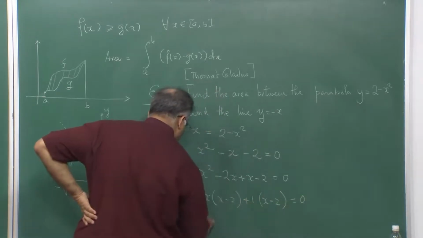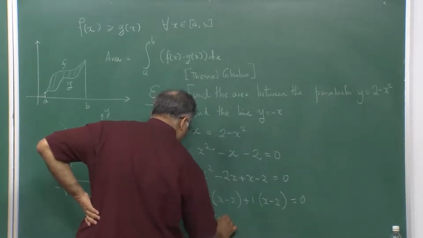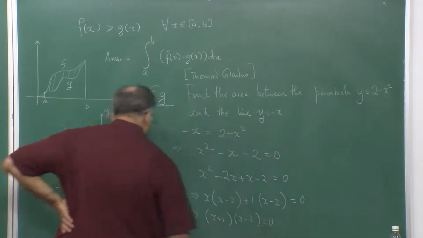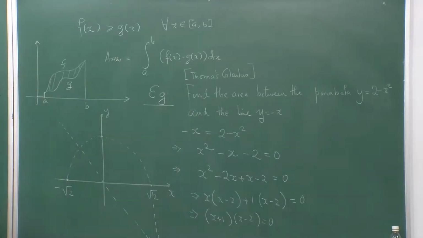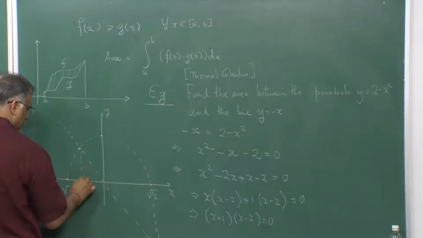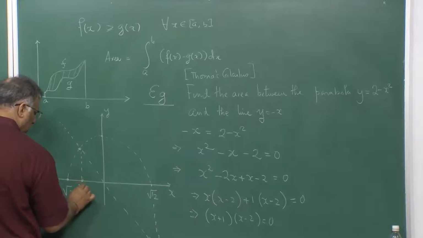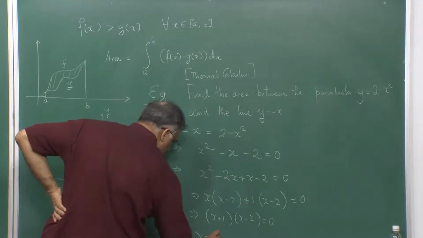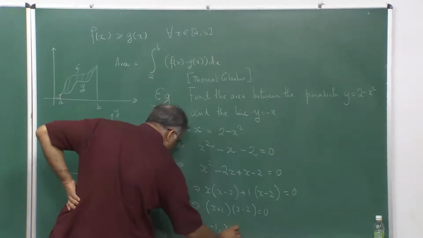So, x plus 1 into x minus 2 is equal to 0. So, the points where the parabola intersects this line are x equal to minus 1 and x equal to 2. So, here I have two solutions.